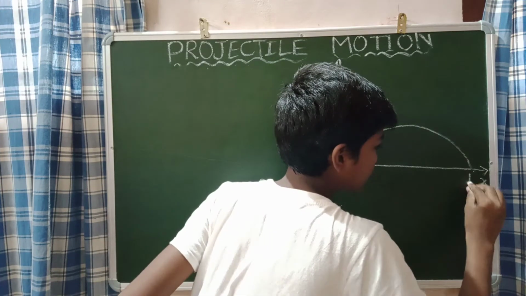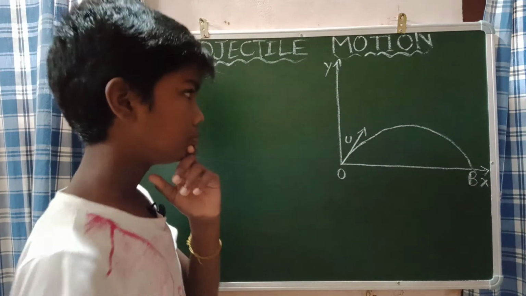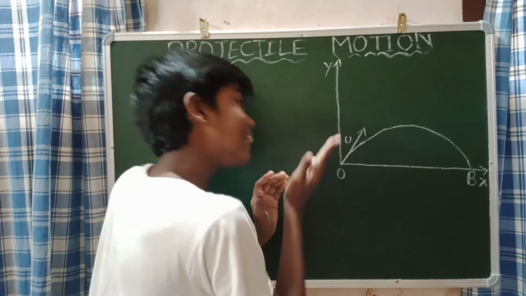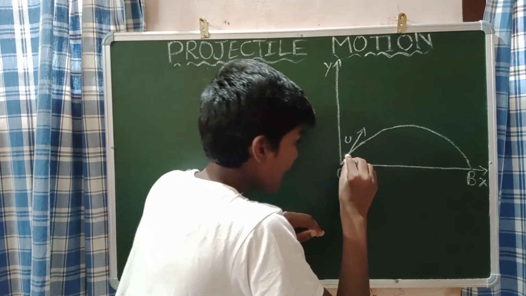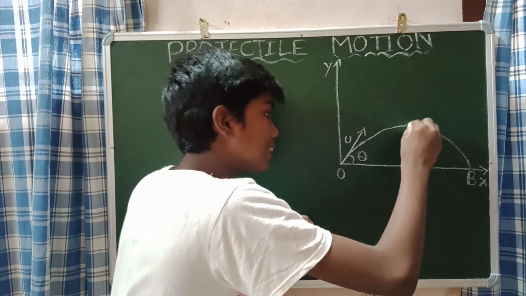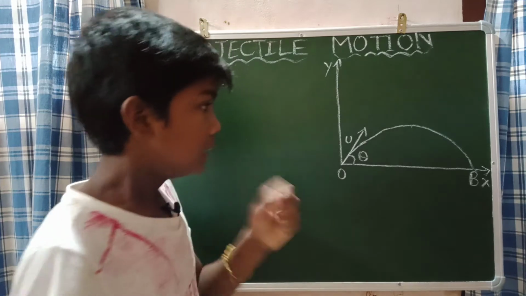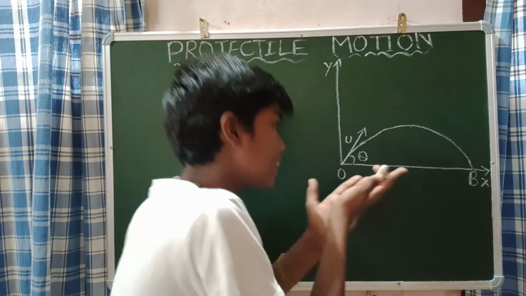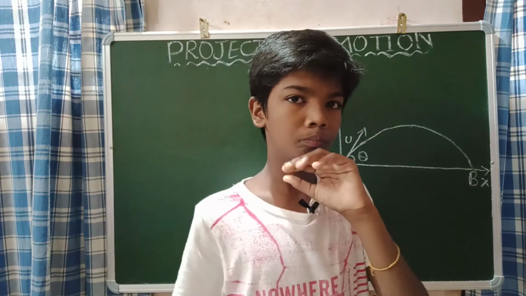Now, this is the position B. The object is projected from this origin with an initial velocity of u at an angle theta with the horizontal, and it reaches the maximum height and falls down to the position B. This is what happens in projectile motion. This scenario shows an example of projectile motion.